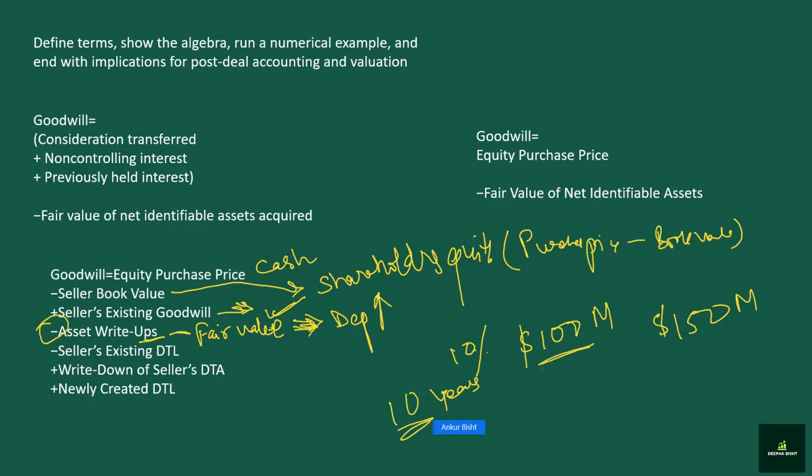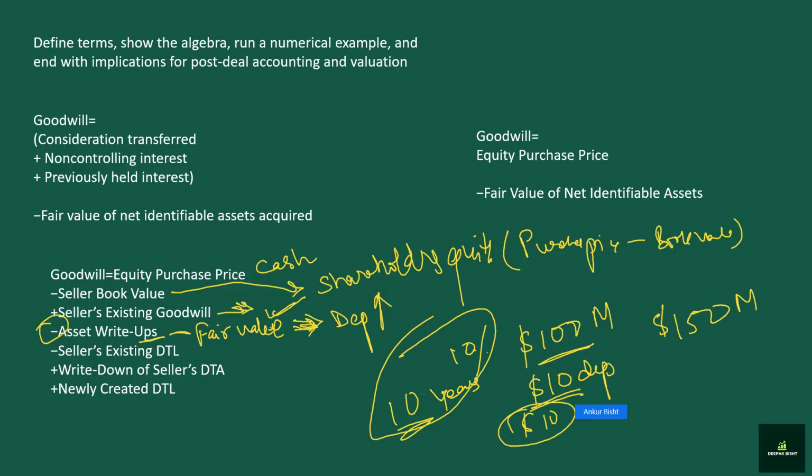Assuming simple straight-line depreciation, that's $10 million every year. But now I am writing up my asset and saying that its value is 150 million, so I will start to pay $15 million depreciation.